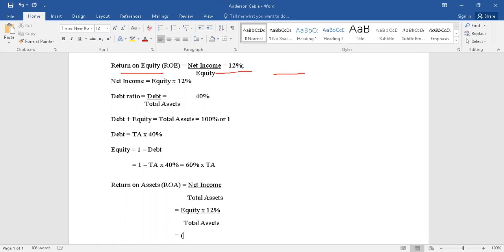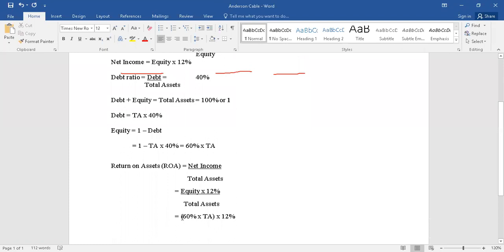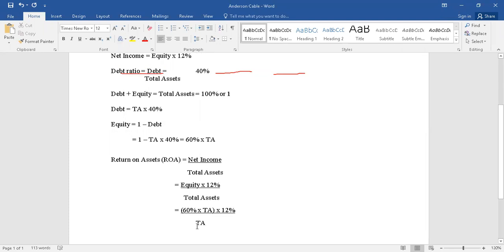So we got that as 60% into total assets, into 12% as it is, divided by the total assets. While solving this, total assets gets cancelled from both the numerator and denominator.